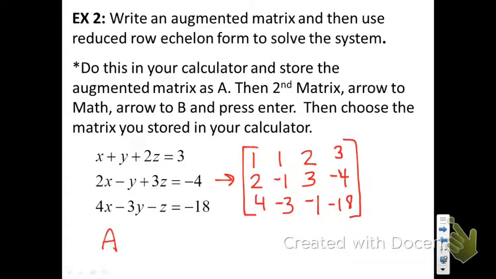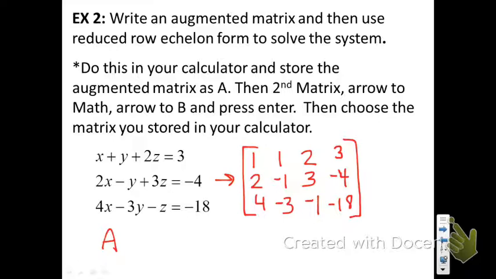And once that's stored, you're going to arrow over to math, and then you have to arrow up or arrow down. I like to go down, or up, because it's faster, till you get to a B option. And when you get to that B option, you'll see that it says RREF, and that's the reduced row echelon form. Once it's there, you can press enter.